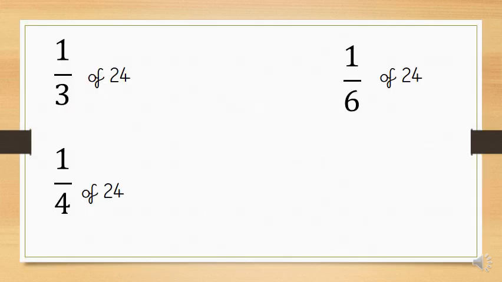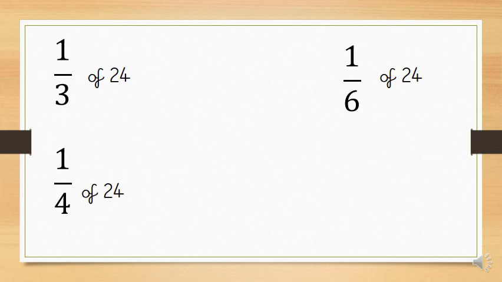All right, so before we start, let's quickly remember how to find fractions of amounts when you've got a unit fraction. Let's look at the first one. For this one, I want you to think about using counters to solve this question. So 1/3 of 24.